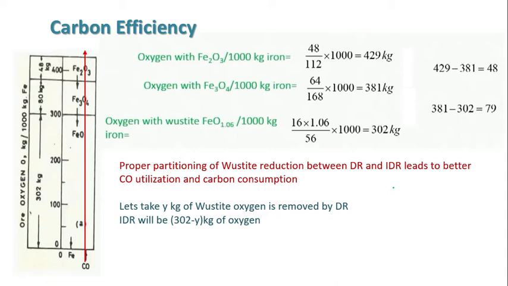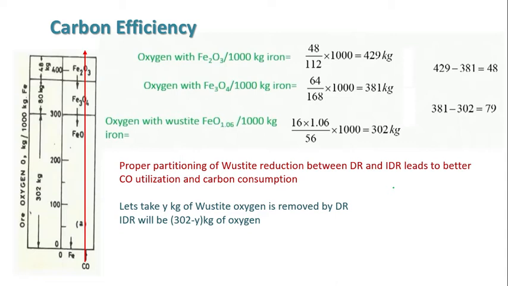So let's analyze mathematically. Let's take 1 ton or 1000 kg of iron as a basis. Hematite ore, Fe2O3. So the oxygen with Fe2O3 per 1000 kg of iron will be 48 by 112 into 1000.